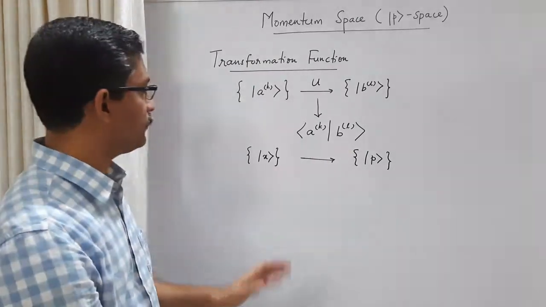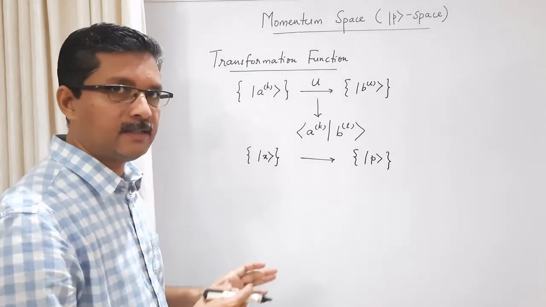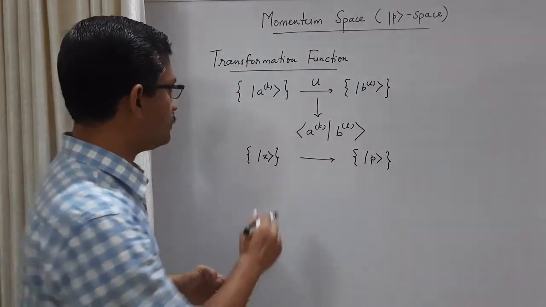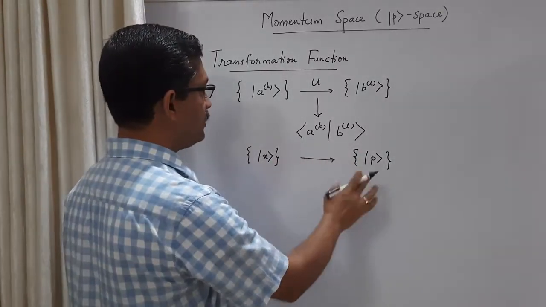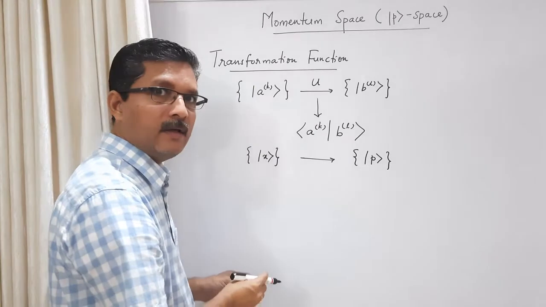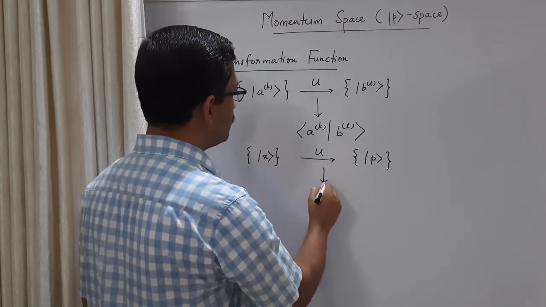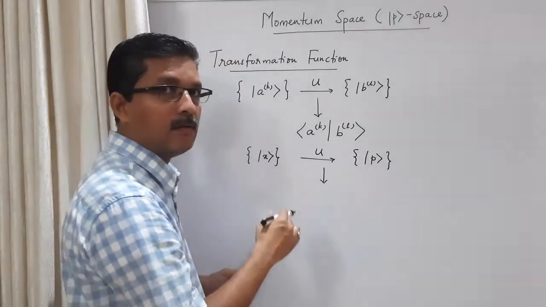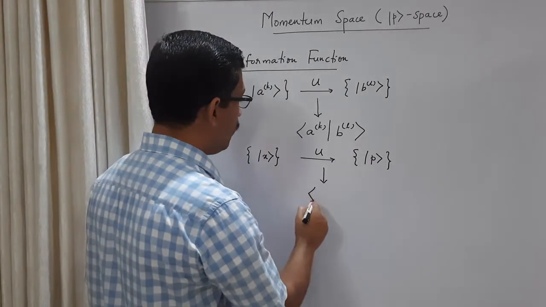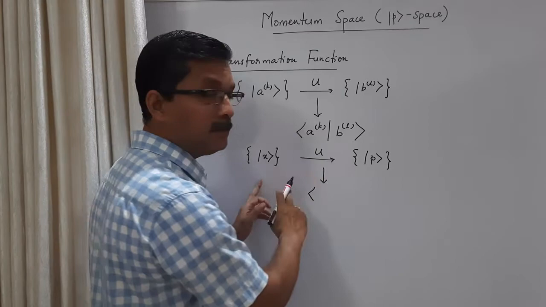There is a difference, but the idea is the same. This change of basis is also produced by a unitary transformation, and the matrix element of this unitary operator, how do we get this? Inner product between these two base kets.